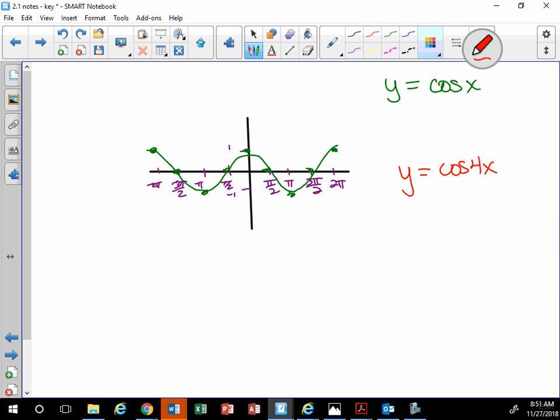Okay, so the parent graph looks the same. Changing the period, making it 4, means the entire graph happens by the time I get to pi over 2.